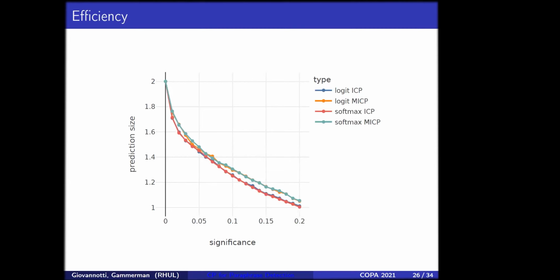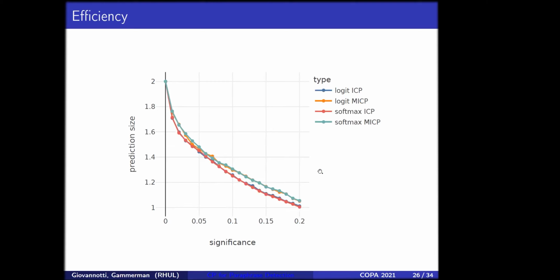Let's look at the prediction sets as well. At 0 significance, when we want to have 100% confidence, of course, we always get both labels, 0 and 1, as output. Here I'm just displaying from 0.2 and less.